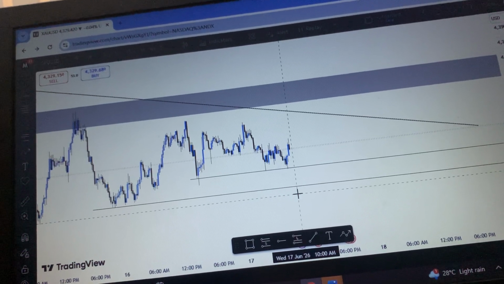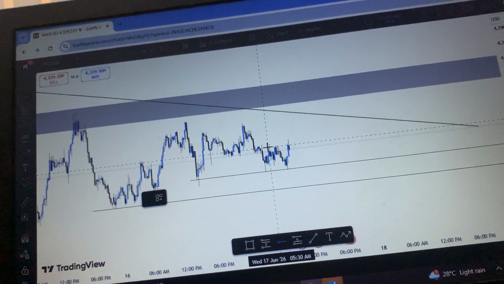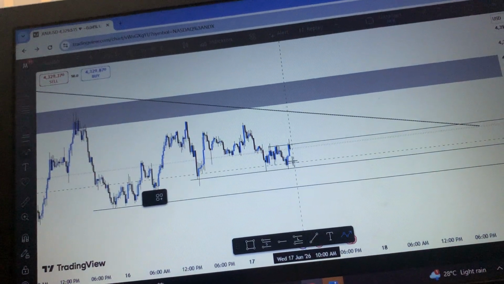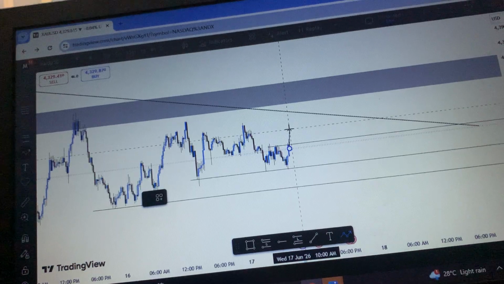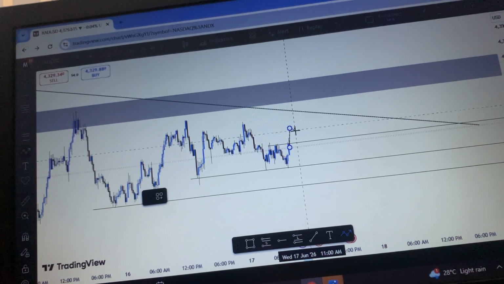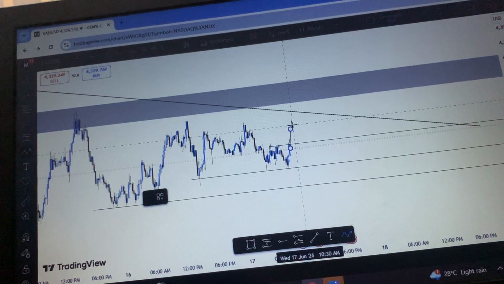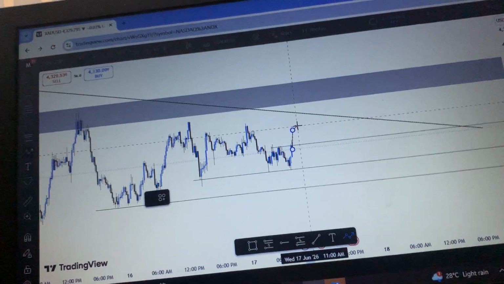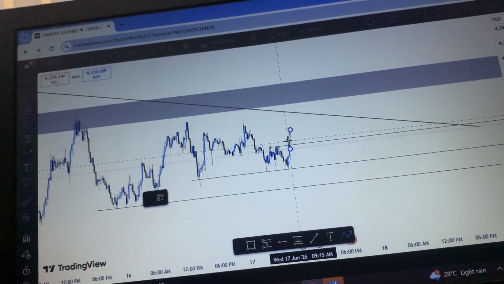Assuming the market breaks above this area, above this zone, this tells us that the market is about to start pushing to the upside. The market has to break above with a clear real body, not a wick. If the market rejects back, then this is invalid.